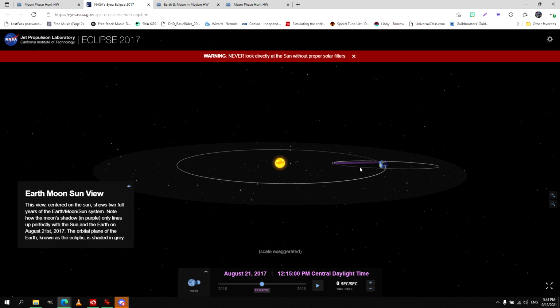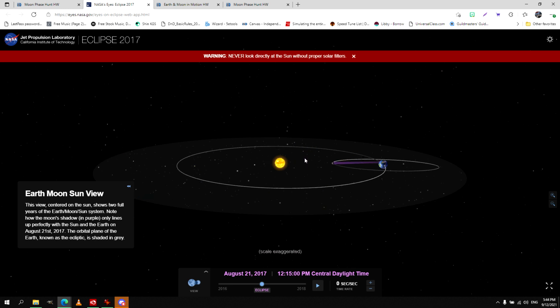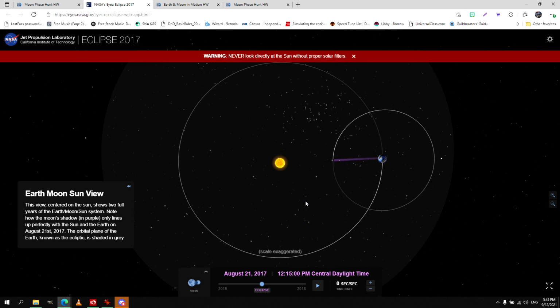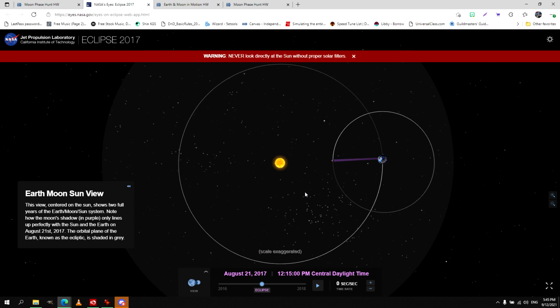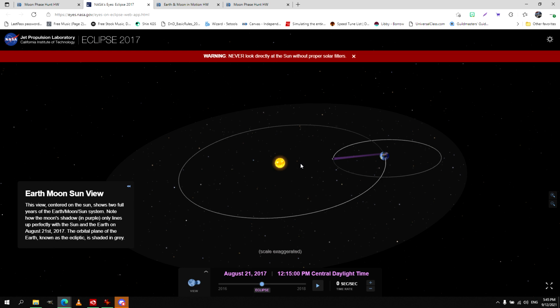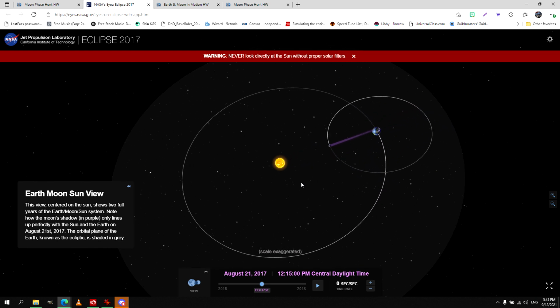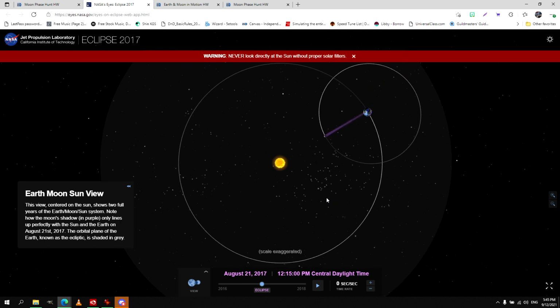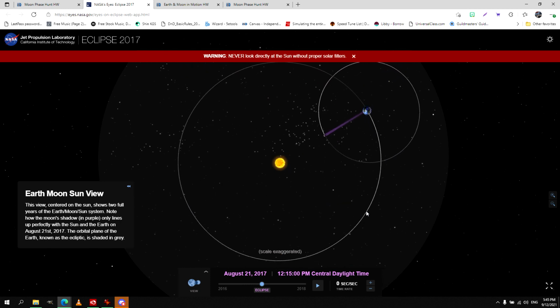So this is our straight on view. If you click on this and hold, you can pull it down to do a top-down view. This is the view you need to take for your images for your presentation. You can view it from any angle you want, from any side you want, spin it around, view it as you please.